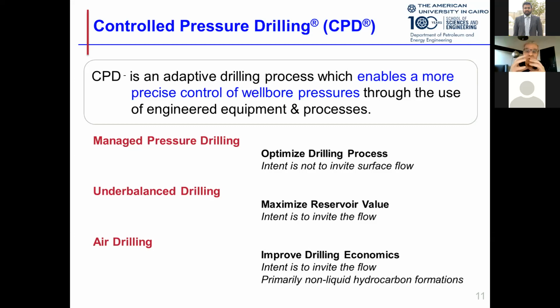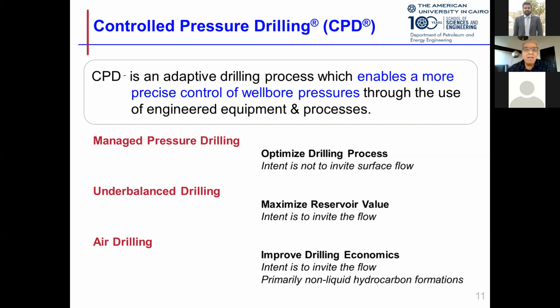When we use managed pressure drilling, our intention is not to invite reservoir fluid to flow. While the other two types, underbalanced drilling and air drilling, are used with an intention to produce while we drill. So we really care about inviting the reservoir fluid to the bottom hole, and then it goes up to the surface. And of course, with underbalanced drilling, we can maximize reservoir value, as we are going to see later.